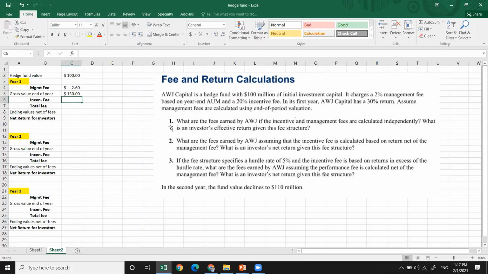Okay. And incentive fees are calculated independently from the management fee. But in the previous case, look, here we don't have any hurdle rate. There is no hurdle rate condition. At the same time, it says calculate independently from the management fee.